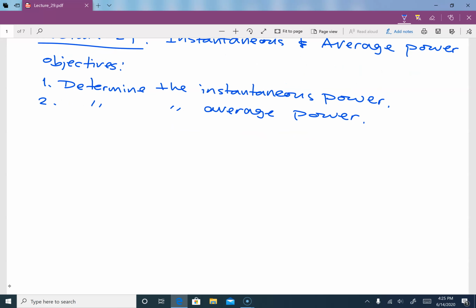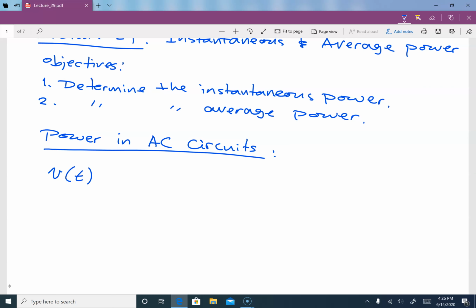In AC circuits, the power is different compared to DC circuits. So, power in AC circuits. First, let's say that our voltage, we can express it as v of t equals Vm cosine of omega t plus theta v, in volts.